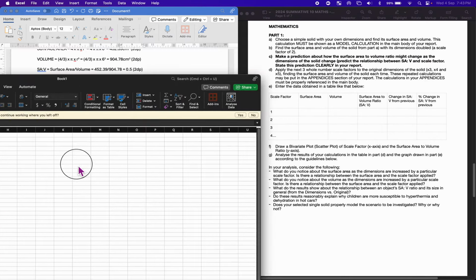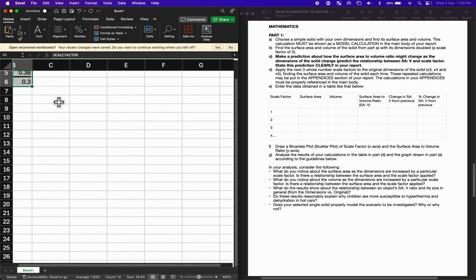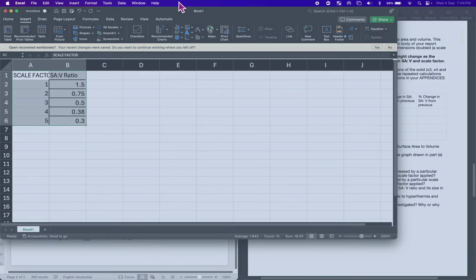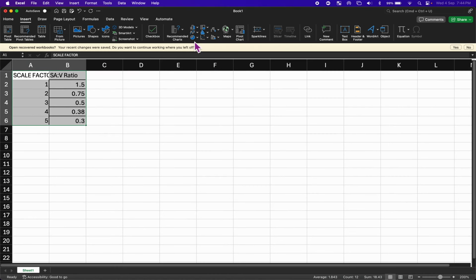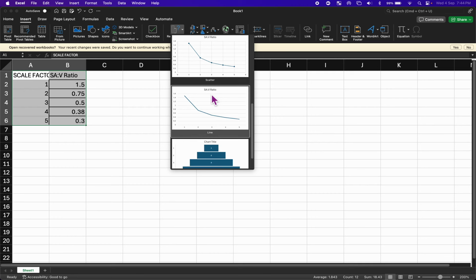And you want to do a bivariate plot, which is a scatter plot of the scale factor on the x-axis and the surface area to volume ratio on the y-axis. So how do we do that? Select that, go insert, recommended charts.